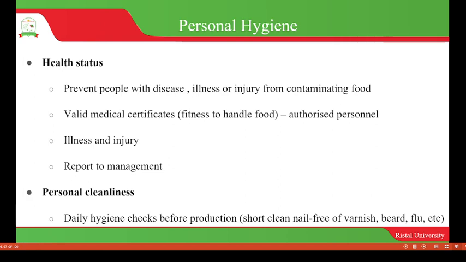Under health status, we have to prevent people with diseases, illnesses or injuries from contaminating the food, and we can do that by denying their entrance into the food processing area.